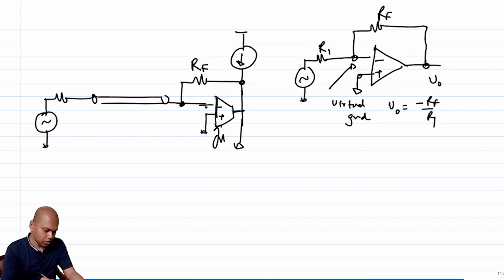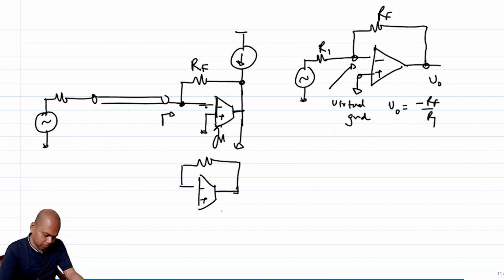Okay. So what is the input impedance looking in here? What I am basically asking is, what is the input impedance of this structure? Again, if I apply a V test, this is RF, right?